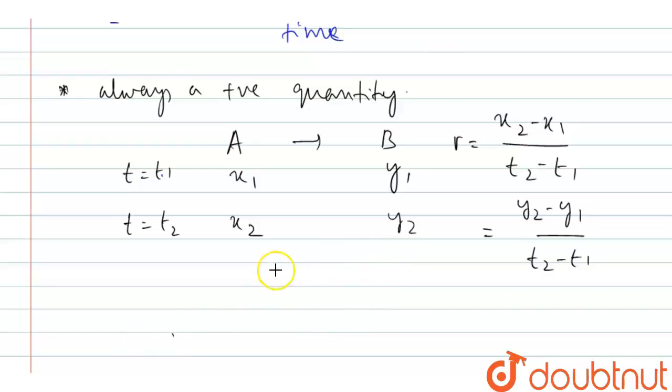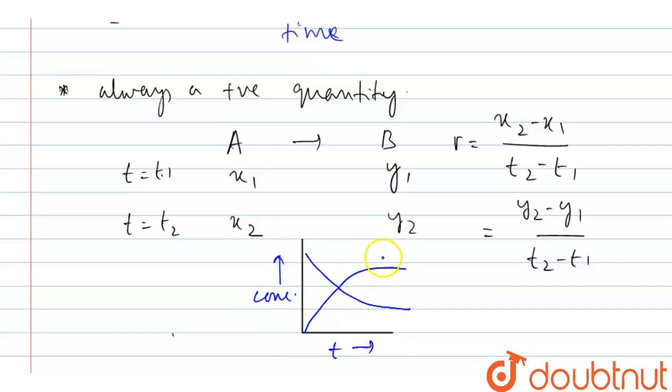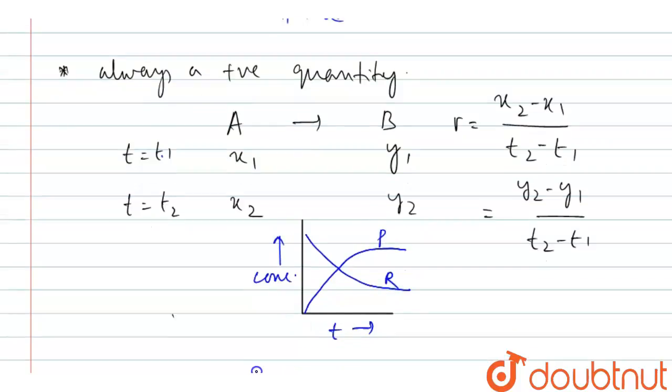Reactant concentration decreases with time, and product concentration increases with time. So if we take time on one axis and concentration on the other, this will be the graph. This is for product, this is for reactant.